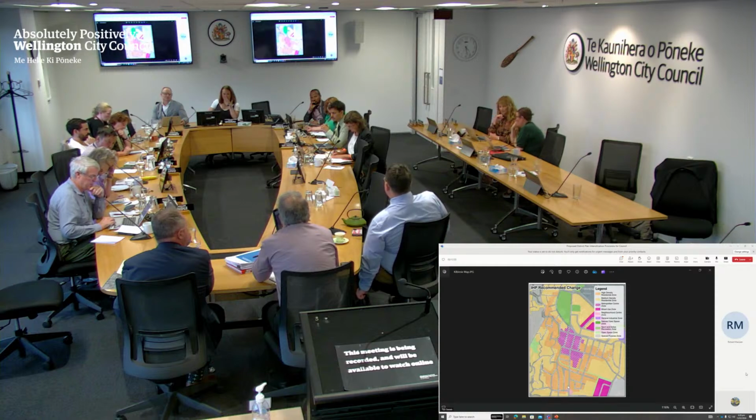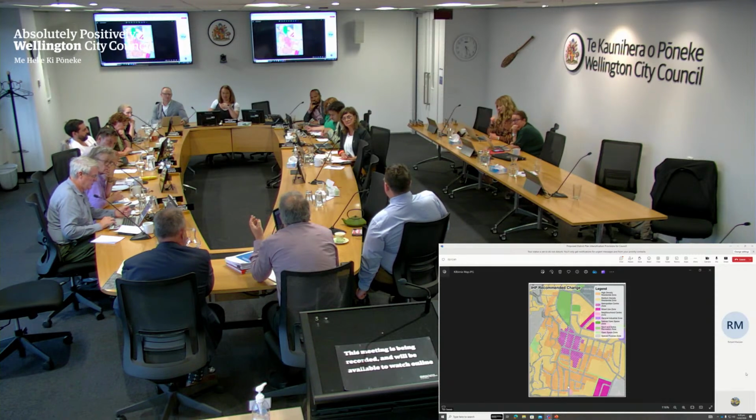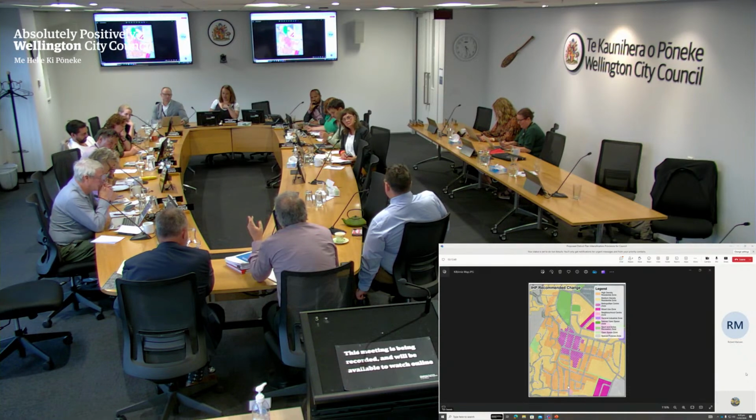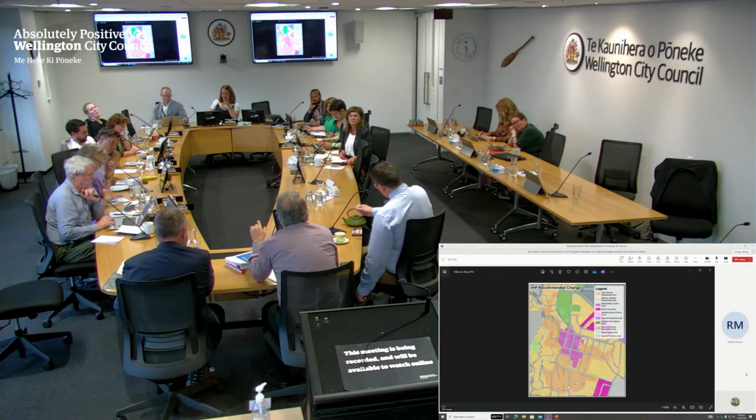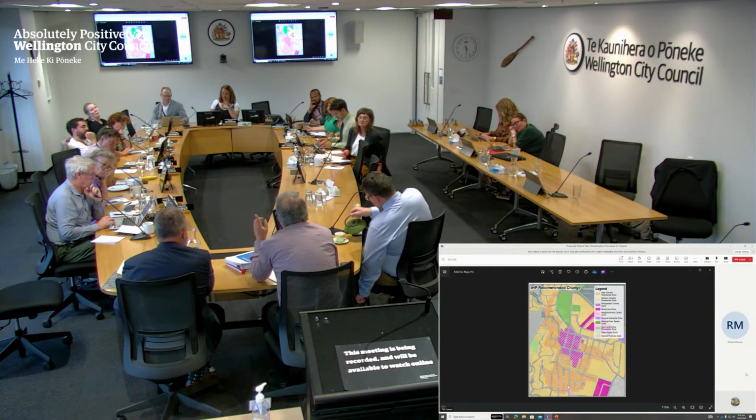But for instance, we did have evidence in Lower Kelburn, where one of the Lower Kelburn people who was opposing intensification, we asked them, how do you get into the city? Well, we walk. And so we filed that away.